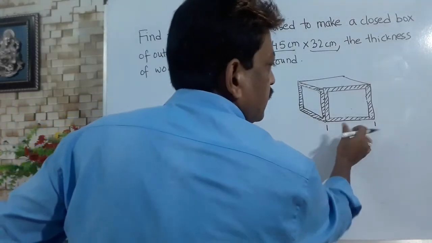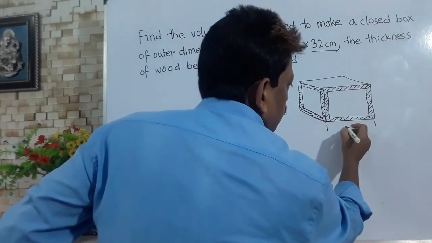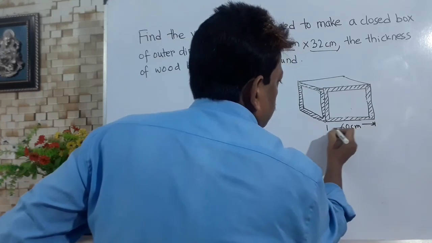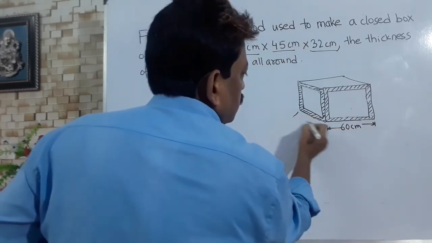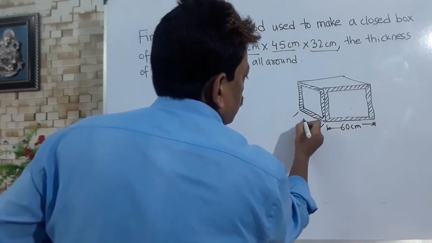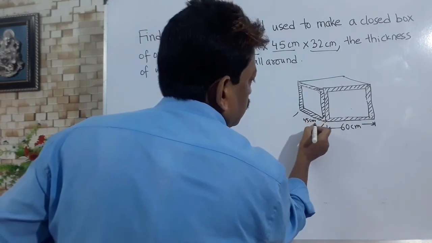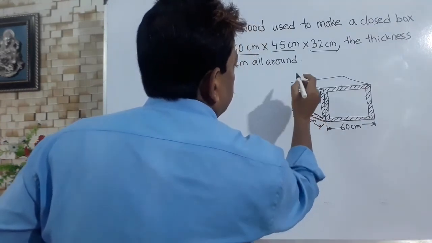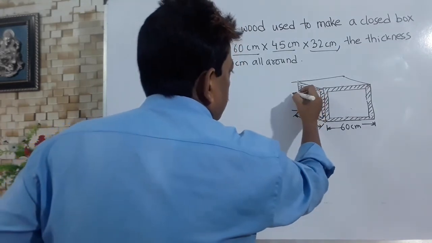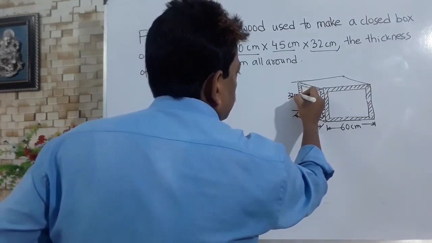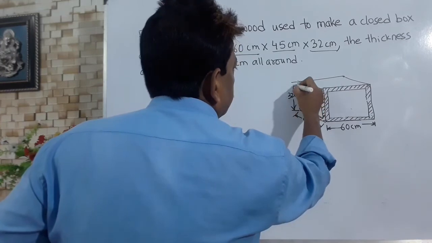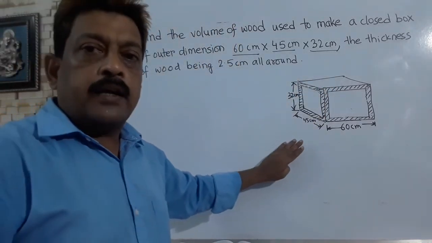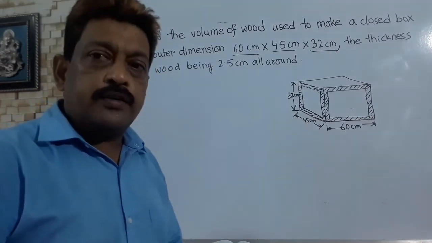So suppose this is the length of the box, then this is 60 centimeter. Suppose this is the breadth, so this is 45 centimeter, and this is the height of the wood box, that is 32 centimeter. I hope the diagram and the dimensions are clear to you.